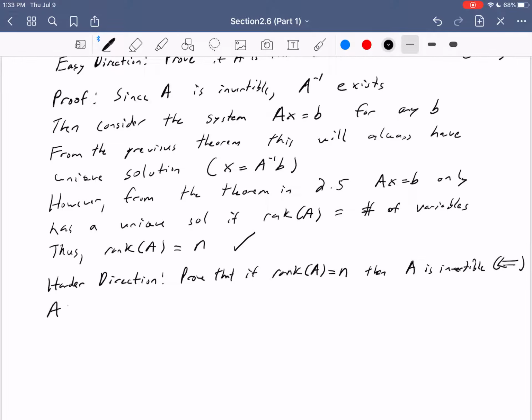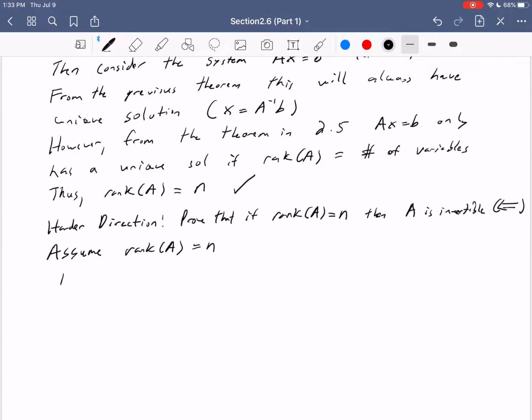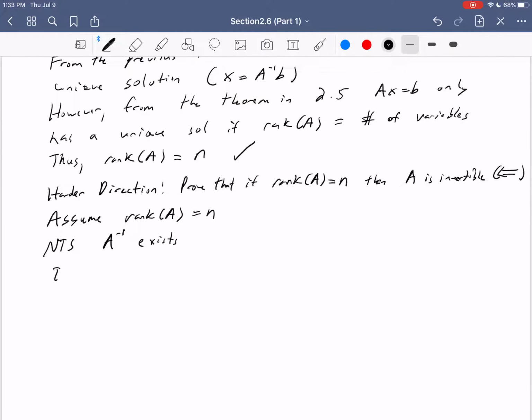So in other words, we need to show A inverse exists. If you prefer, you can then say that we need to show there exists A inverse such that A times A inverse equals the identity matrix and A inverse times A equals the identity matrix.